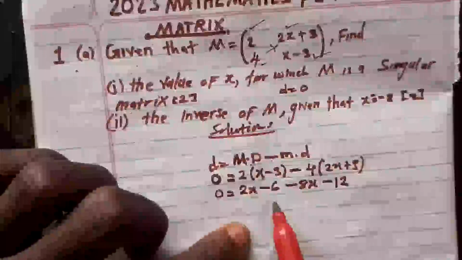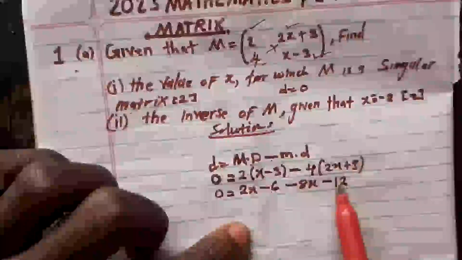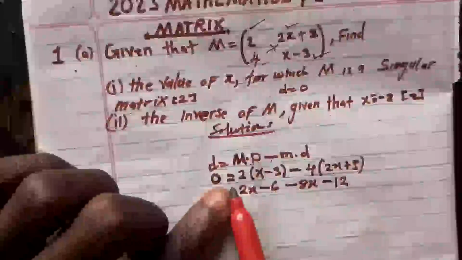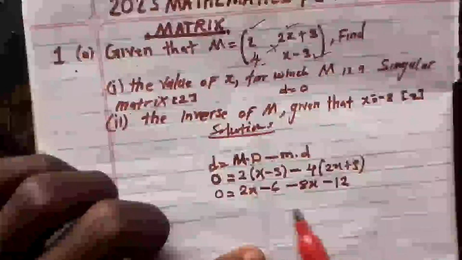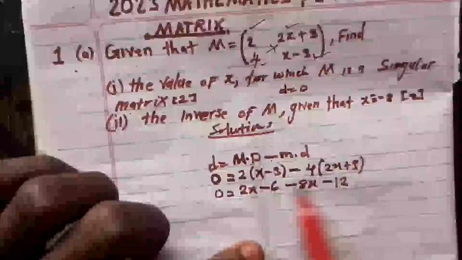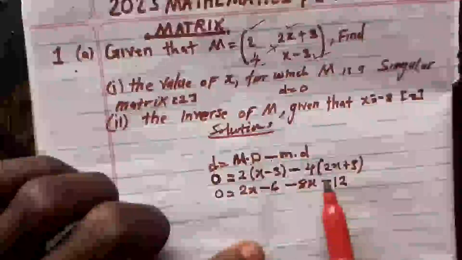Now as you can see, these are like terms, so they can cross an equal sign. Mind you, here we are finding the value of x, so the numbers having the variables should be on one side, and the constant numbers should be on the other side. So negative 6 and negative 12 are constants.